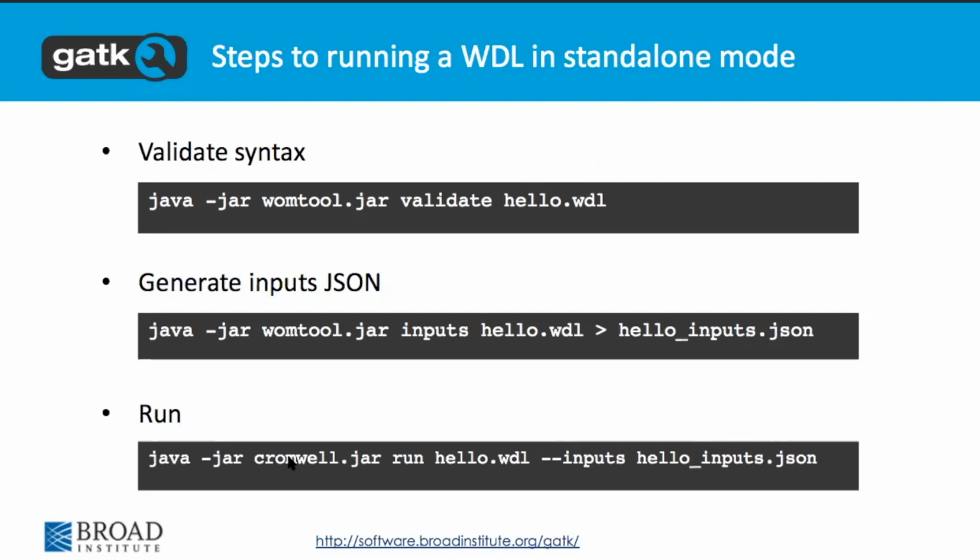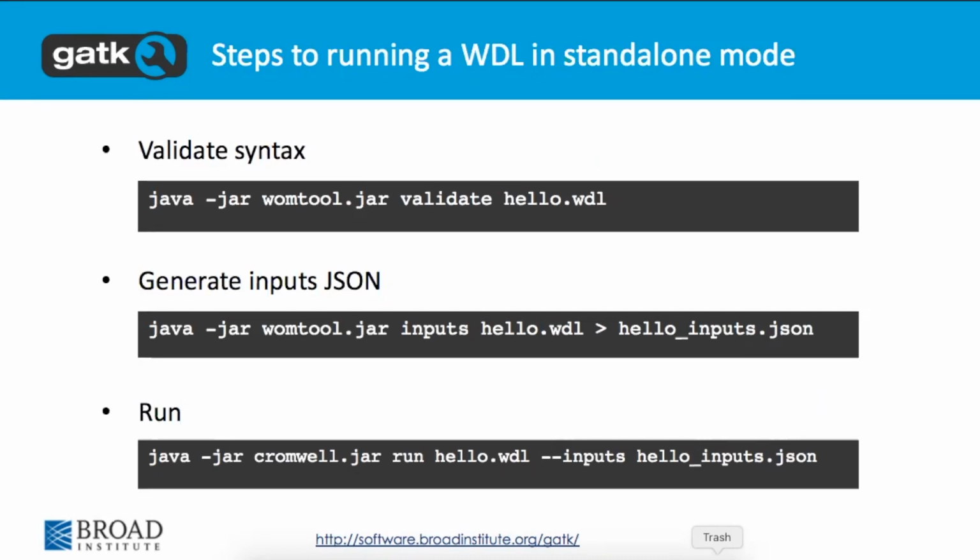You run this command, and it will give you the input JSON file template, and then you just fill in the inputs. And finally, you use the Cromwell jar to run this WDL with the input that you generated in the one-off mode. So that's what we're going to do today for the first part, and I think this is it.